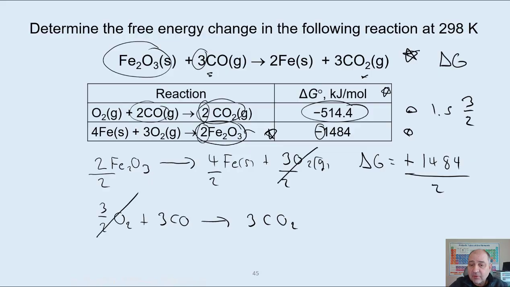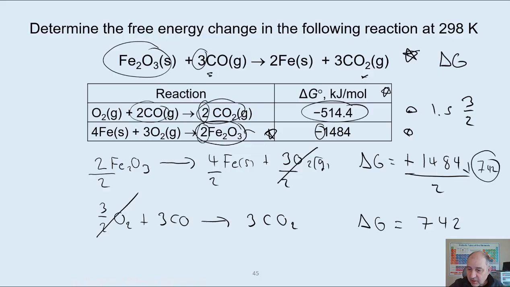So I also have to take the delta G for this reaction and multiply by 1.5. And that's going to be 742. This up here is going to be, no, this is the 742.